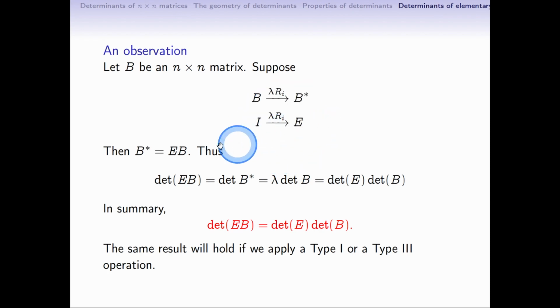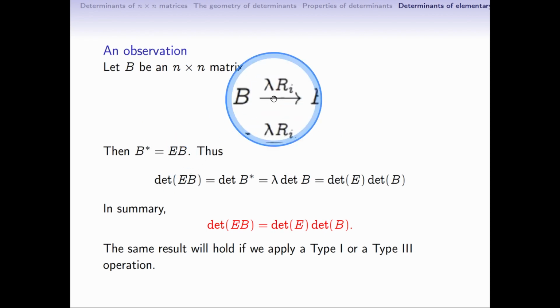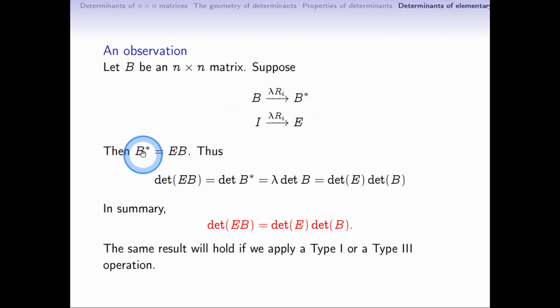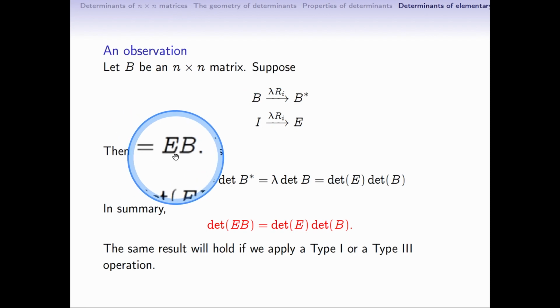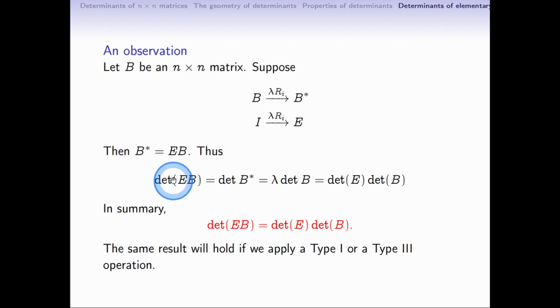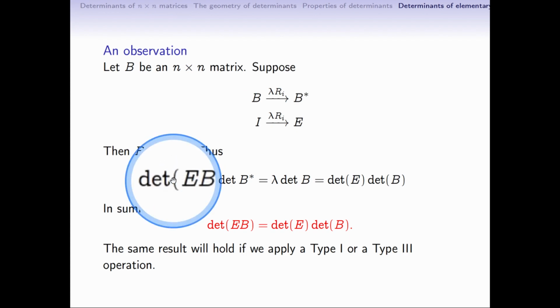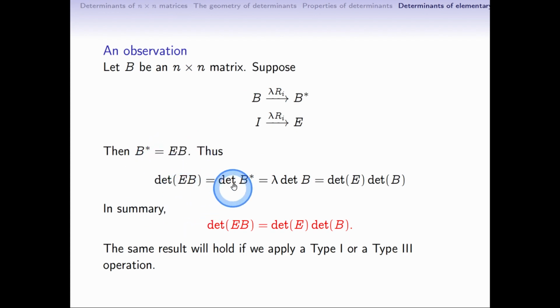Now we know that when I take the matrix E and multiply by B on the left, that's going to have the same effect as performing that row operation. So in other words, B star is just the product of E and B. Now let's see what this means about the determinants. The determinant of E times B is simply the determinant of B star because of the equality between these matrices.